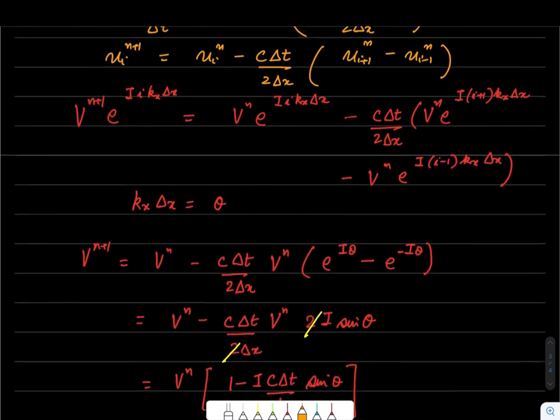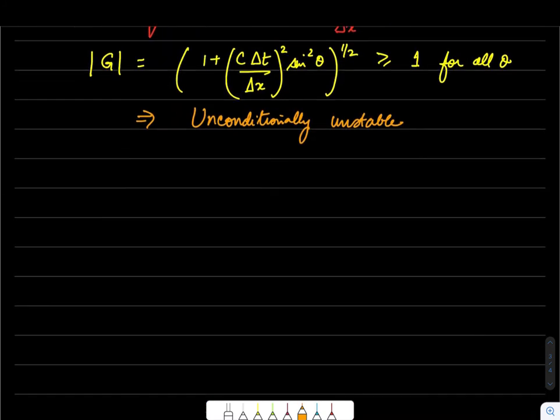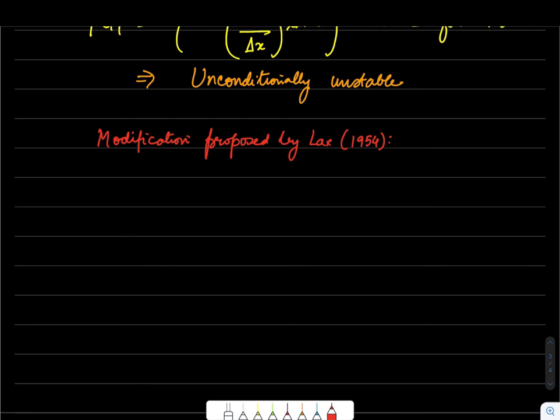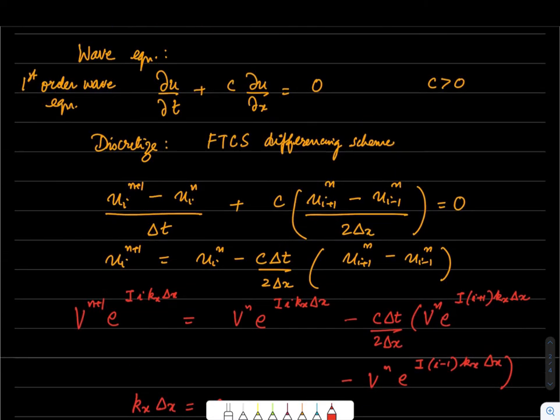Now let's look at a modification proposed by Lax, where the scheme was actually rendered stable for a certain selection of delta t and delta x. So the modification was that we could write, remember the left hand side in the earlier differencing was actually this, there was a ui in here.